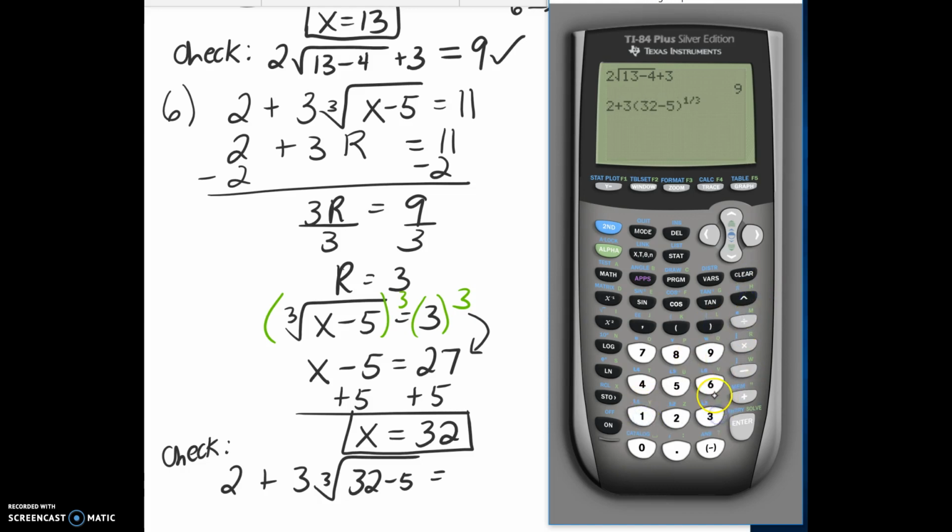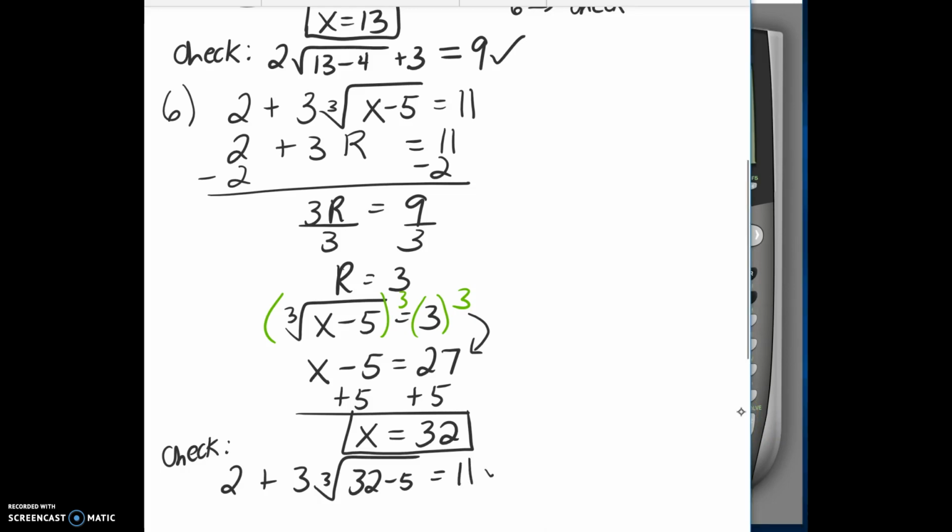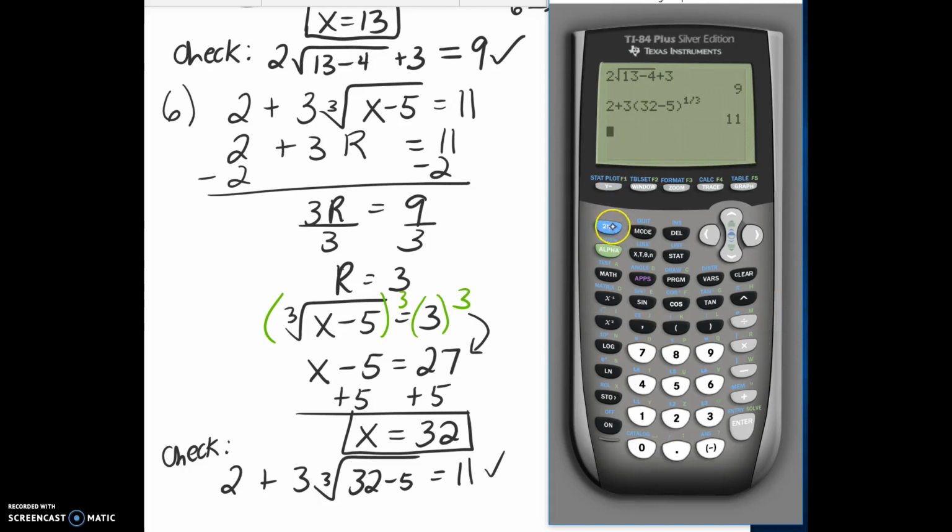To me, typing in that way as a fraction exponent is quicker, and it does come out to be 11, which is good. You could also put in 2 plus 3, go to math, and select cube root. Also not a terrible way to do it. And that comes out to 11 as well. You'll notice it actually does put a parentheses around it in the calculator for you if you have that updated version.